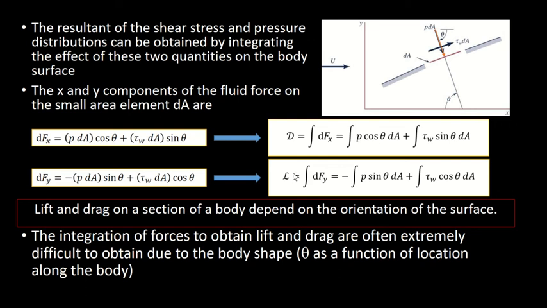However, for a simpler body like a flat plate, we can use these equations to obtain drag or lift. For a complex body like your car, motorcycle, or airplane, which is a complex shape, this analytical approach for drag and lift cannot be used.